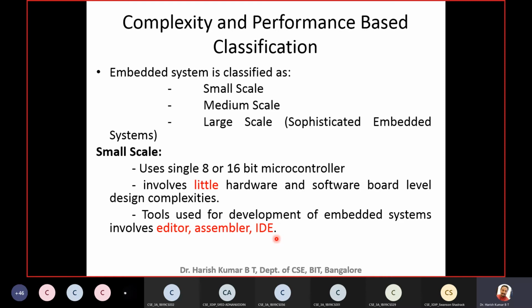Why do we call it an IDE? Because everything is integrated there. I was not using a separate editor to write my program, and I was not using a separate assembler or a separate debugger. Everything was found inside the same integrated development environment, that is Keil.